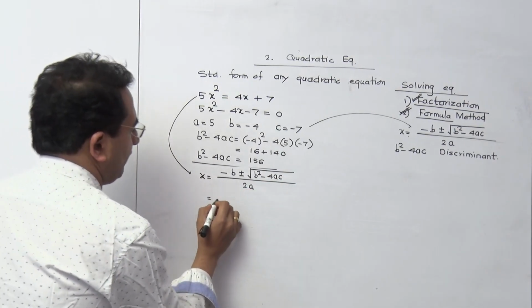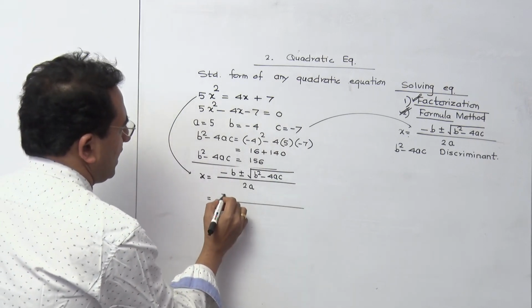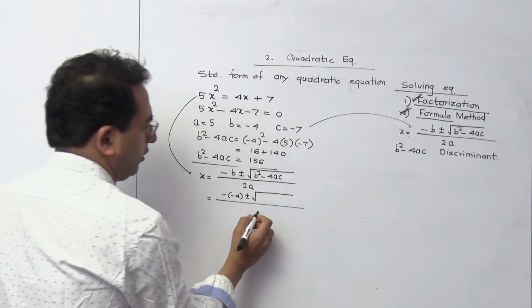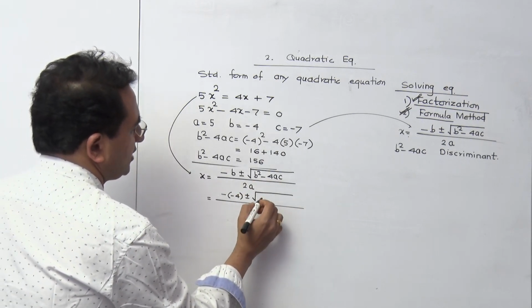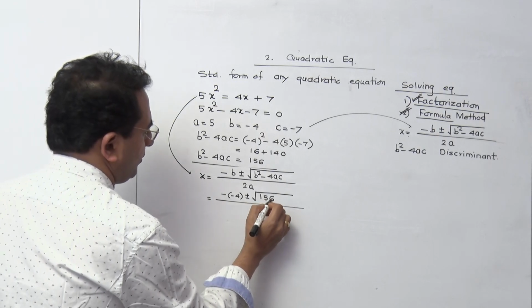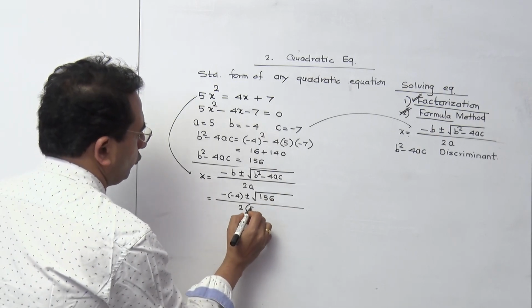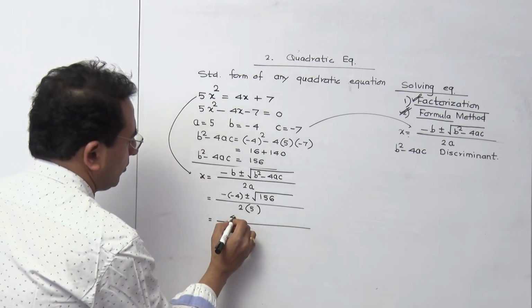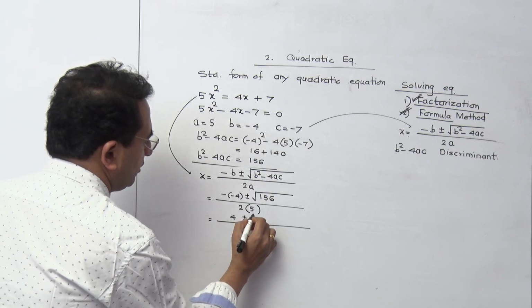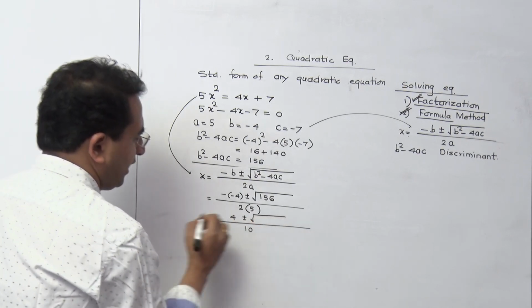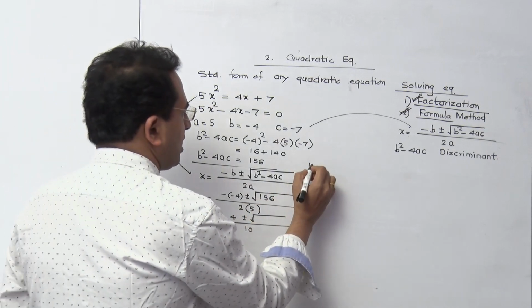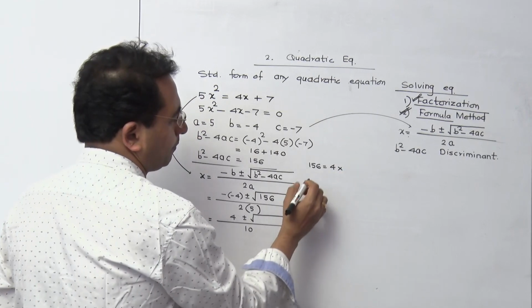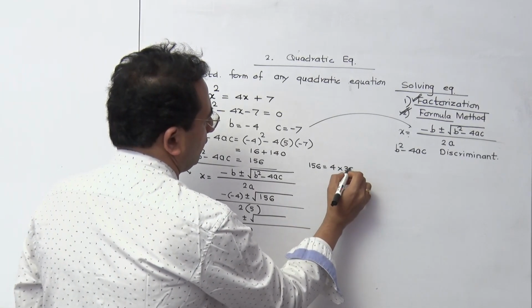Now when you substitute the values, it is minus of minus 4 plus or minus square root of b square minus 4ac, the answer we have calculated as 156, upon 2a, that is 2 into 5, which can be further written as minus minus plus 4 plus or minus square root of 156 upon 10. Now that 156, I will do it like this. First divide by 4. So it is 4 3s are 12 and 4 9s are 36.